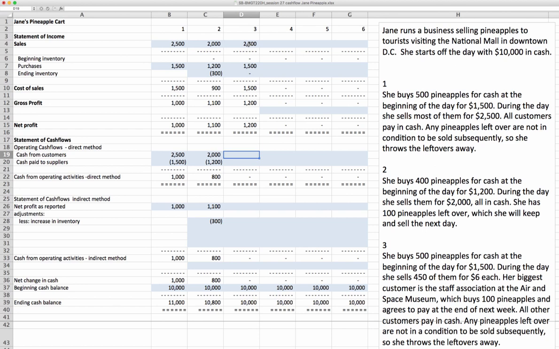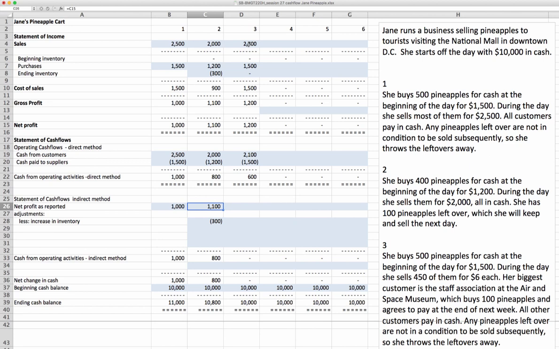And so the cash that came in today was 350 lots of $6, $2,100. The cash paid to suppliers is what we said earlier, which is the $1,500 to the supplier at the beginning of the day. And so the cash from operating activities using the direct method we can see is only $600. Well, how does that compare with a net profit of $1,200?